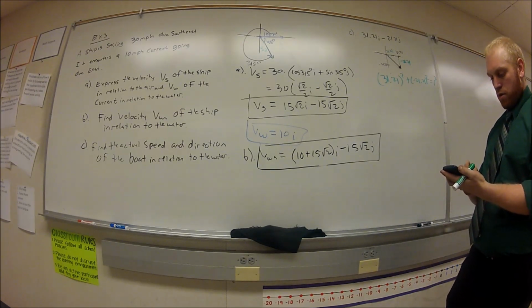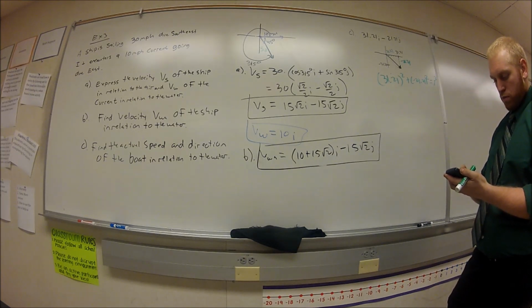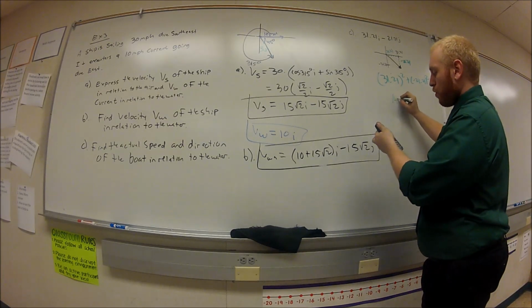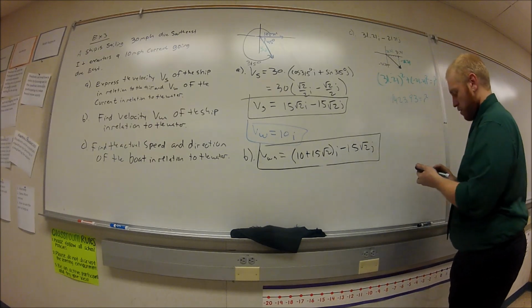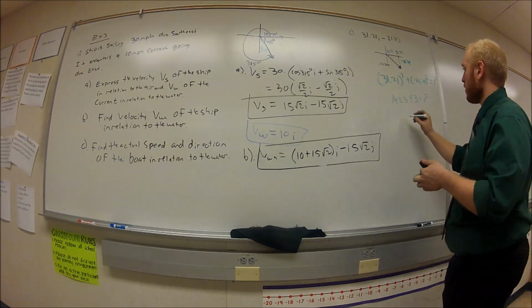And then start simplifying. Just so you can stay with me, I'm getting 1423.93 for r squared. Taking the square root, I'm getting 37.73.